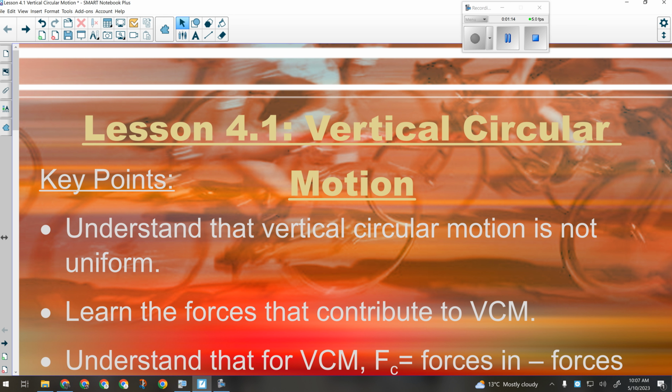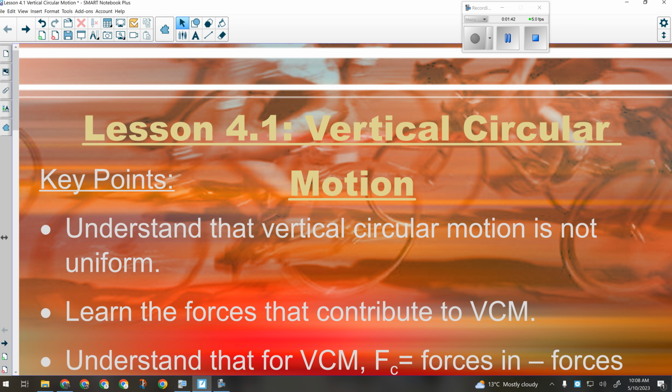Now, where in the circle am I going the slowest? At the top, because gravity's been slowing it down. And how much force do I need to keep this thing in the circle at the top? Like how much tension in the string, I should specify. In some cases it would be equal. If I'm going just fast enough to stay in the circle, look what happens to the string.